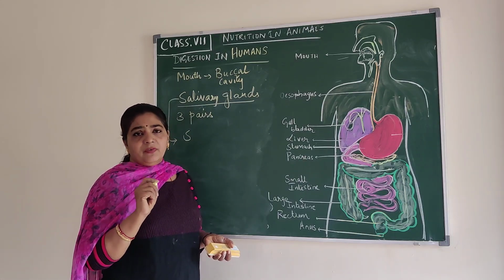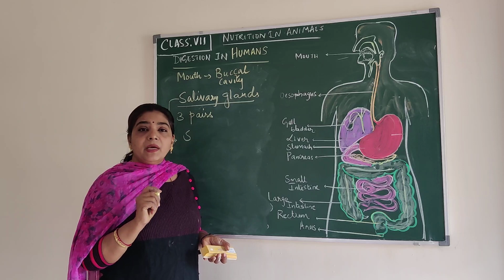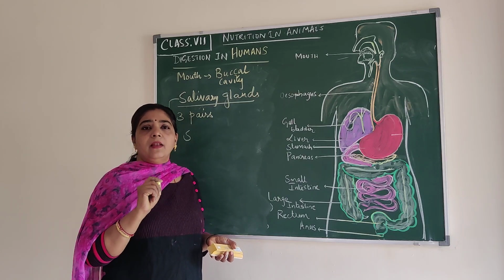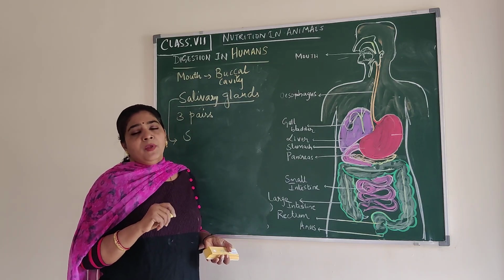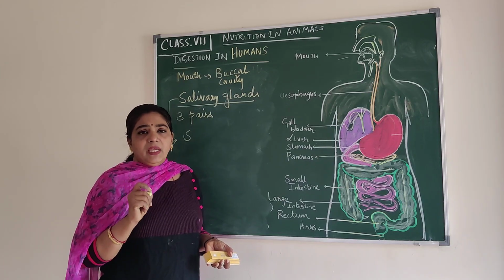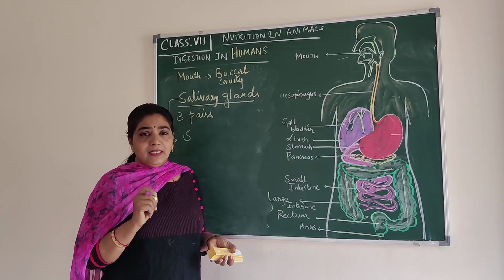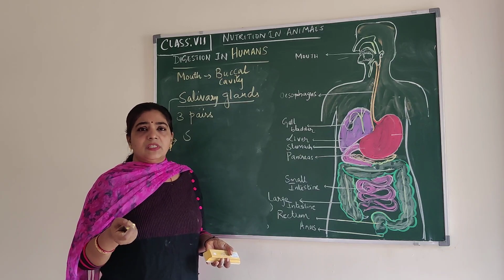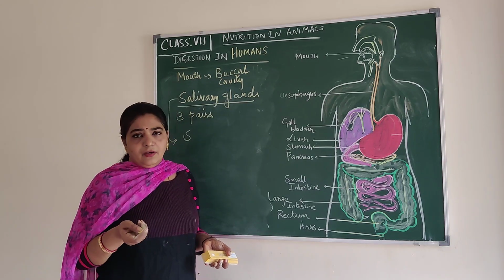The salivary gland will produce an enzyme, a chemical substance which will help in digesting the food. One thing you should remember, students: for digesting the food we need enzymes, chemical substances which help in breaking down the food.